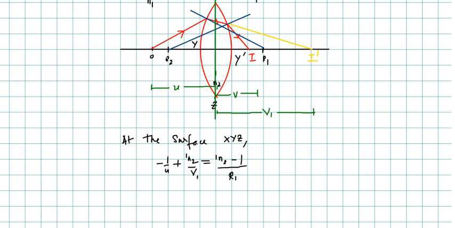And then let us go to the next one. This relation, if I simplify it, I can write like this: minus 1 by u plus n2 by n1 into v1 equals n2 by n1 minus 1 by R1, right?